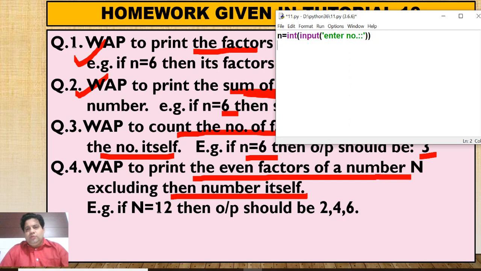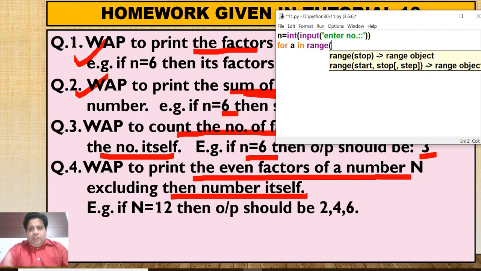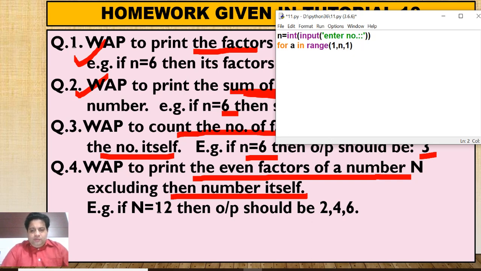Okay, you can go through that topic again. Now execute the loop for a in range. See, here we don't have to find the sum, here we don't have to count the factors, so no additional variable we will take. Now 1, and you have to exclude the number, so write only n, 1.